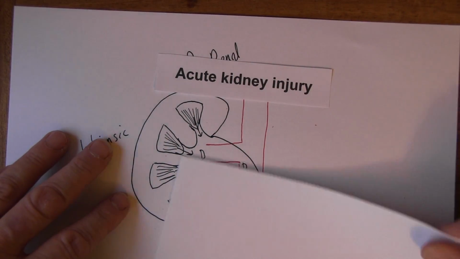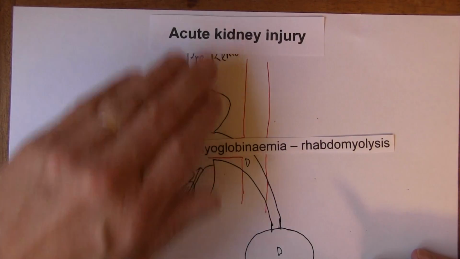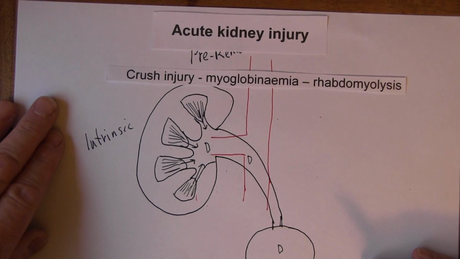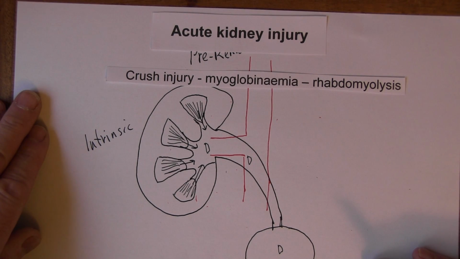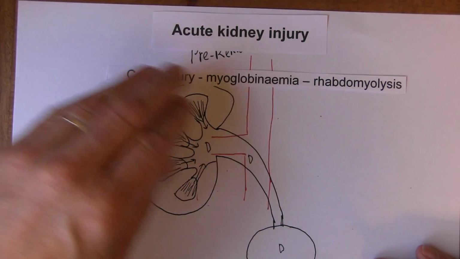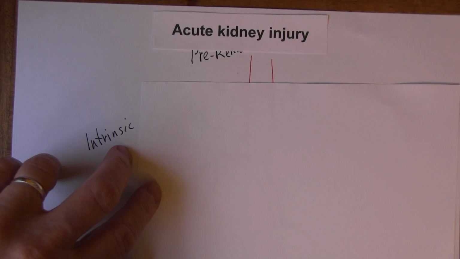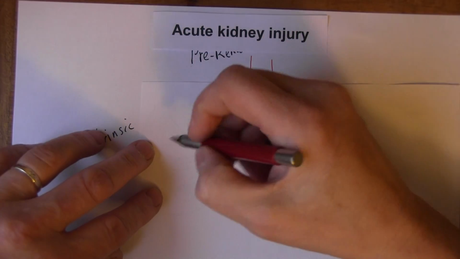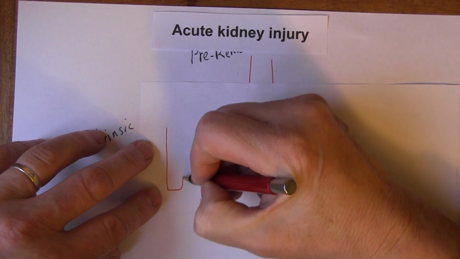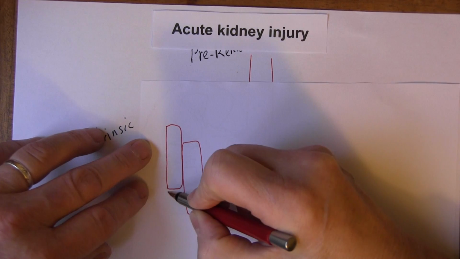There are others. Another cause is crush injury, myoglobinemia causing rhabdomyolysis. Now what's happening here is that if we think about the skeletal muscle cells, here we have some skeletal muscle cells in a muscle.